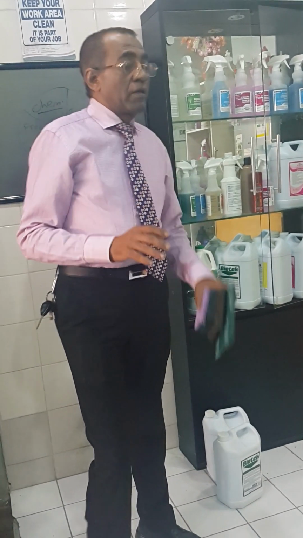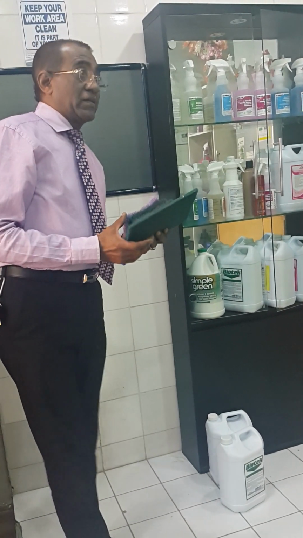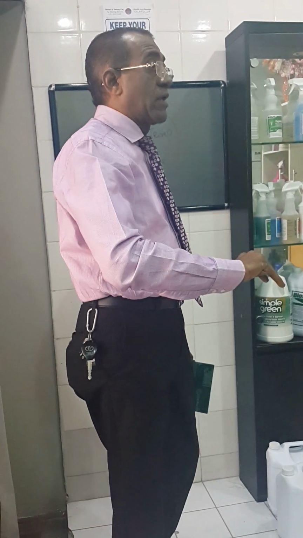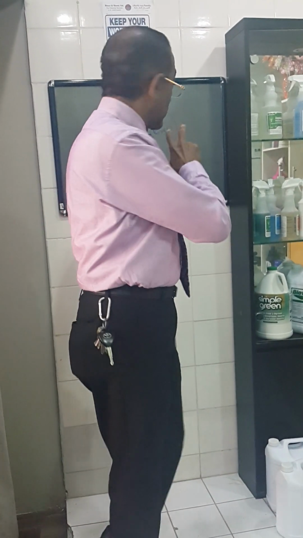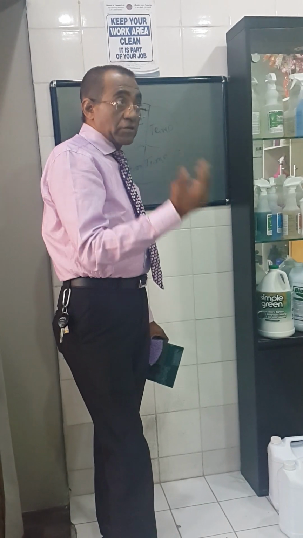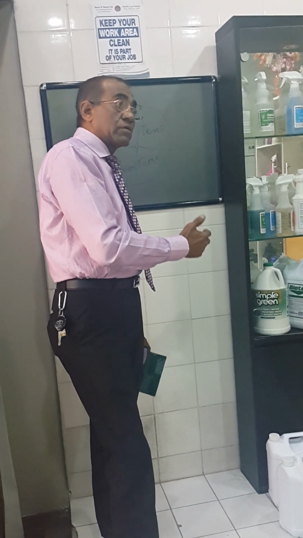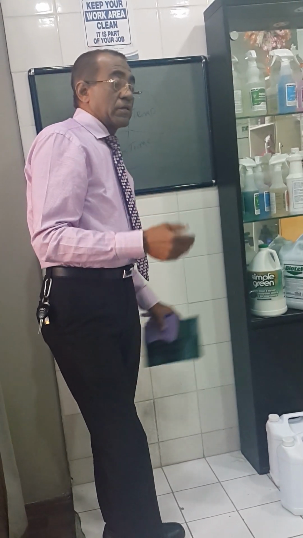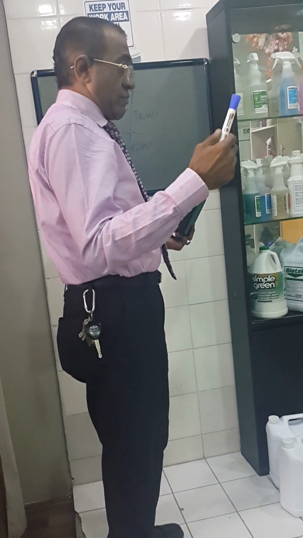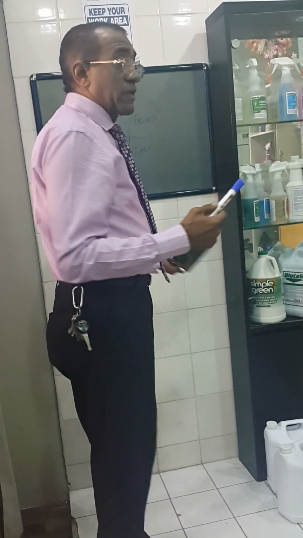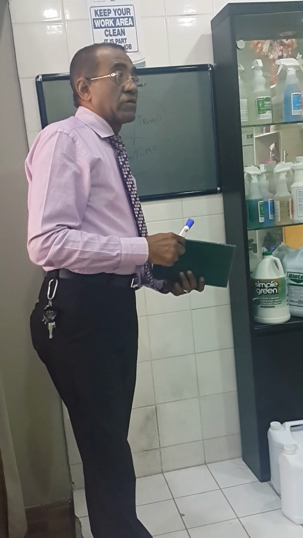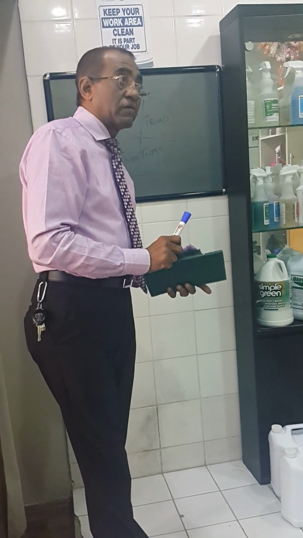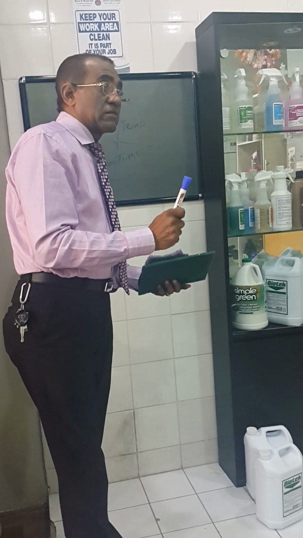Okay? So we understand now chemical: what chemical we should use, how to dilute. All this is chemical. Time and temperature we should have in every place, and mechanical action, we should have some tools to help us as cleaners to get the result.